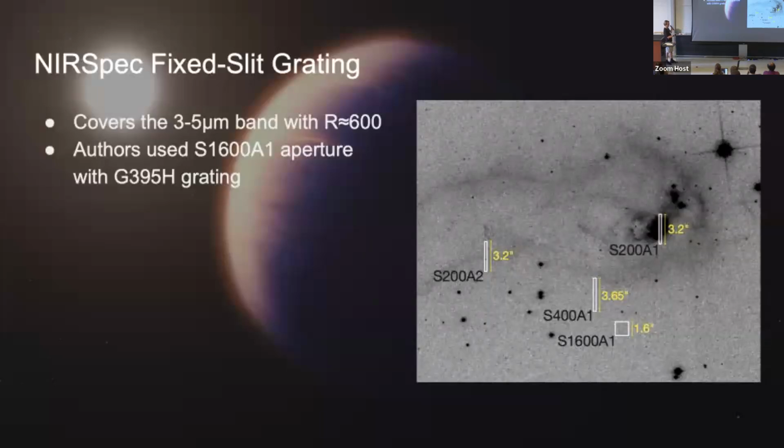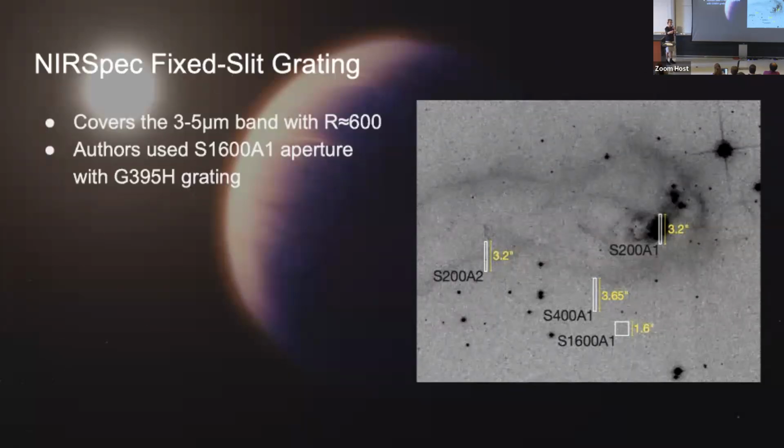And it was done using this grating, in case that means anything to you. Now, to be clear, the instrument in this mode nominally can cover anything from, I think, 0.6 to 5.3 microns, and nominally it has a resolution of about 2700.